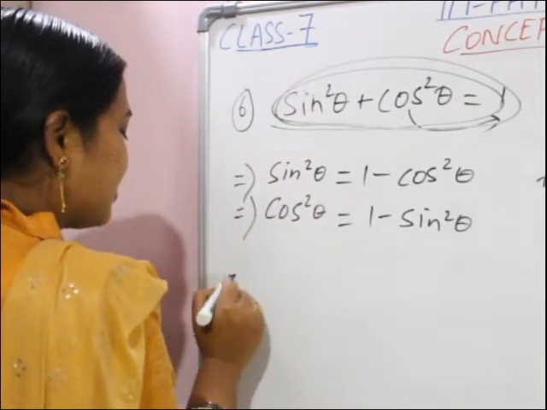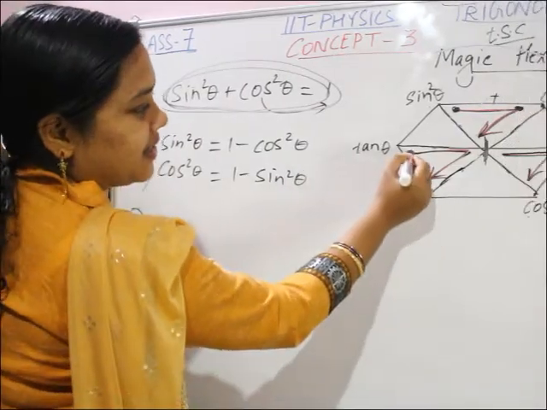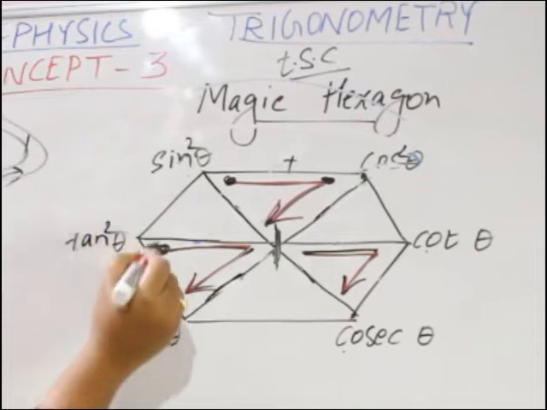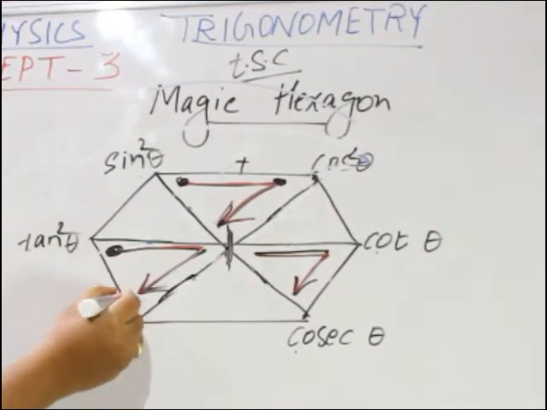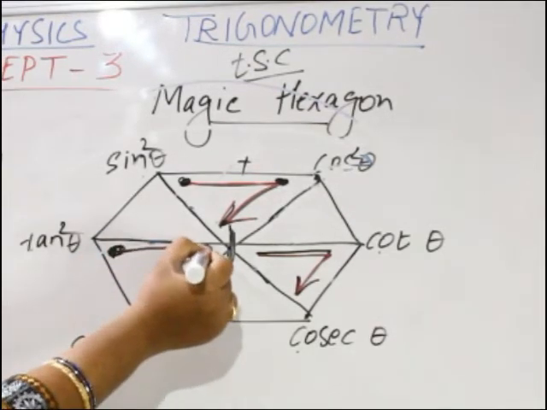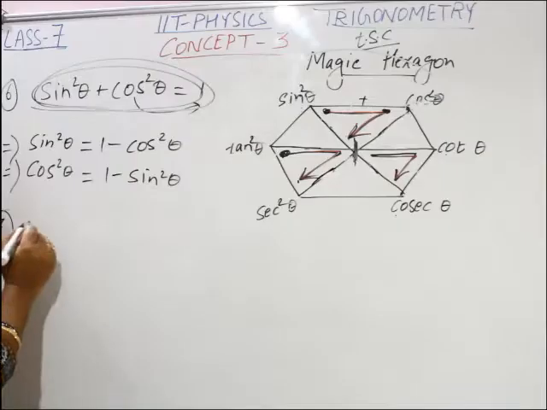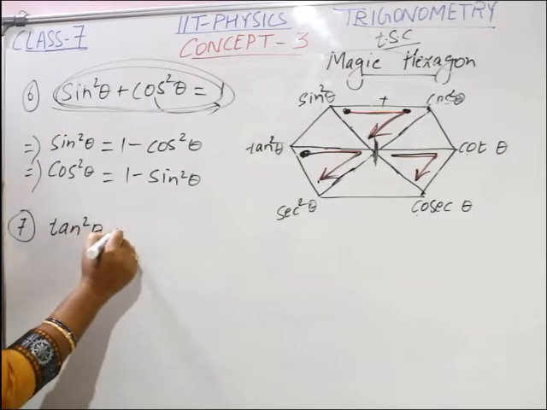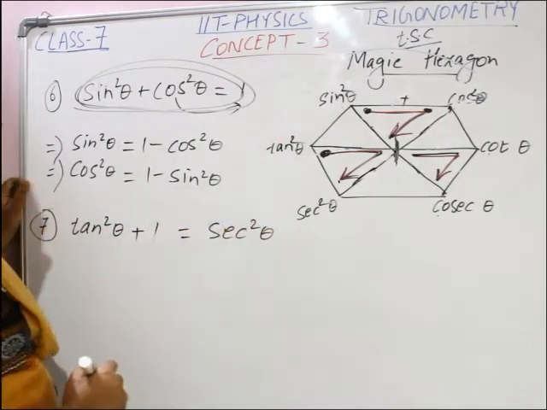Next, 7th identity, come here. Tan square theta plus 1 equal to sec square theta.